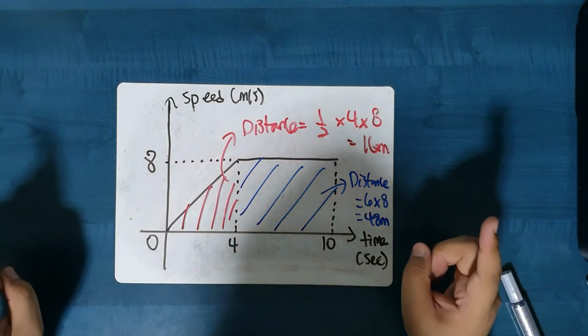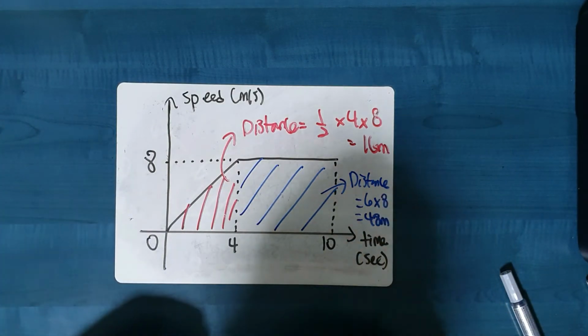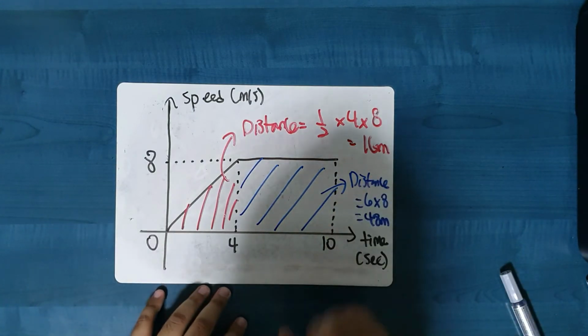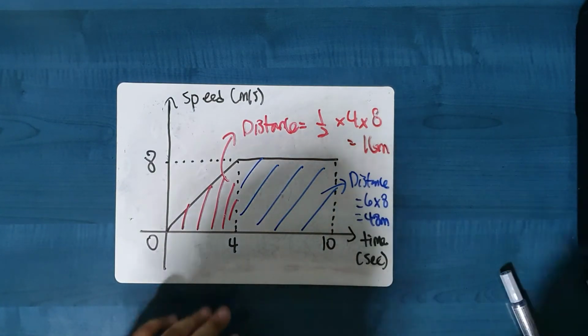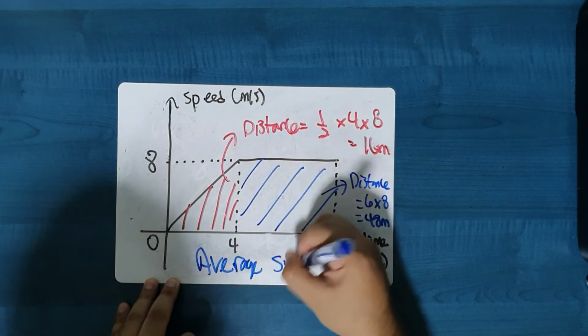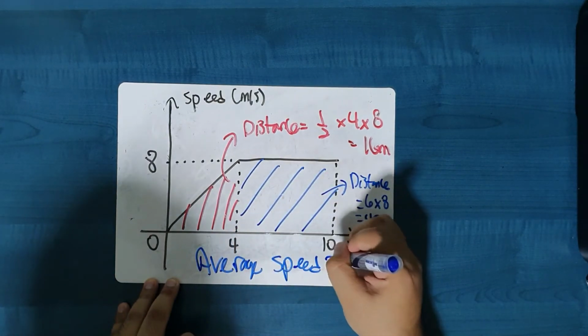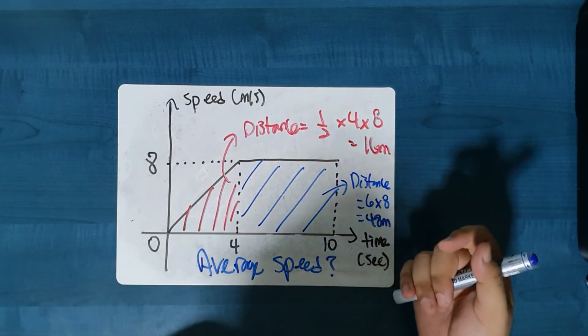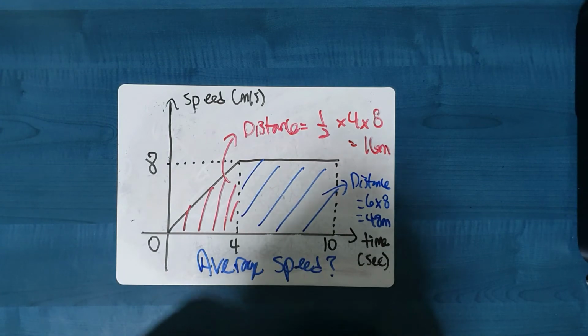So, a possible question that can be asked is, in this speed time graph for this moving object, what is the object's average speed? Recall the definition of average speed. What is average speed? Average speed is total distance over total time.